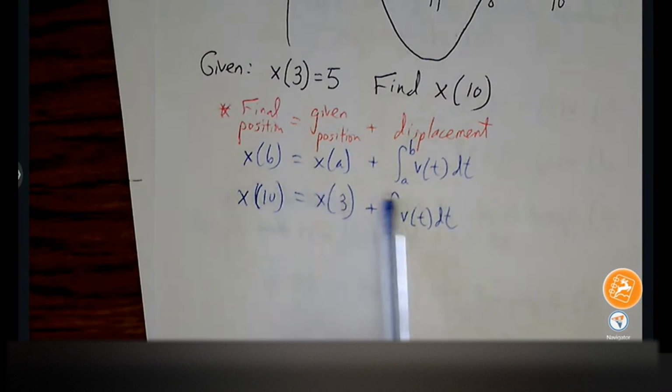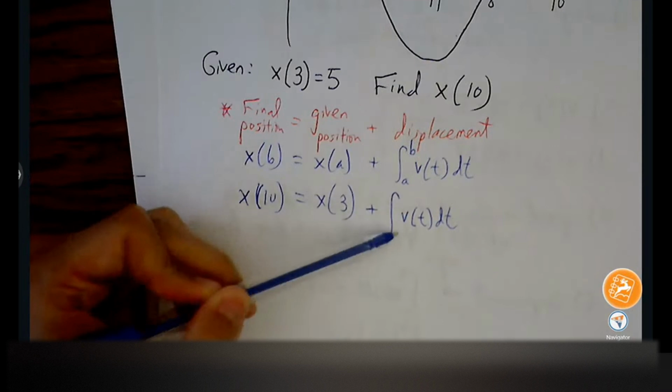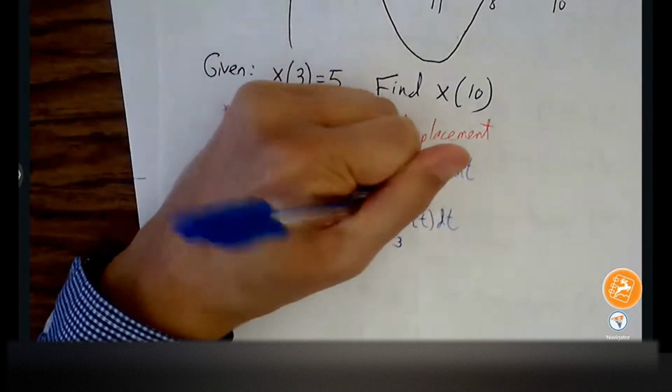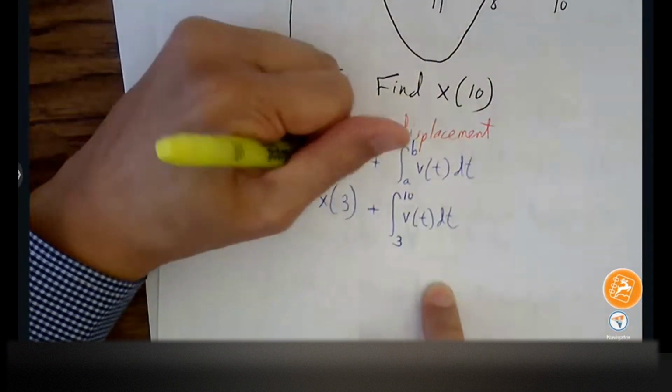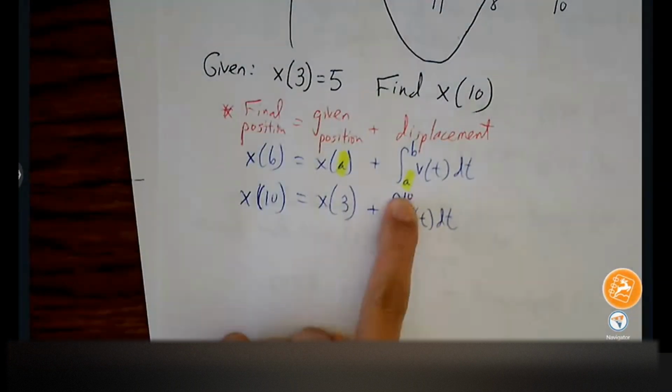Oh, here's my formula, right? What do you guys think? What are my bounds going to be? 10 over 3. Yep. I'm starting at 3. I'm ending at 10. Okay. Make sure that your given location is always starting at the lower bound.